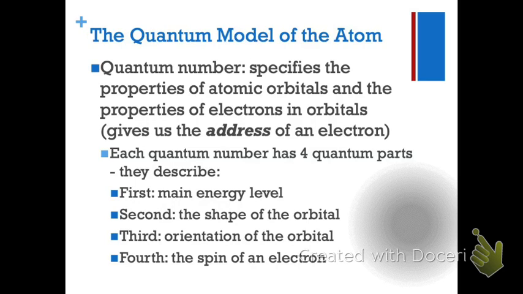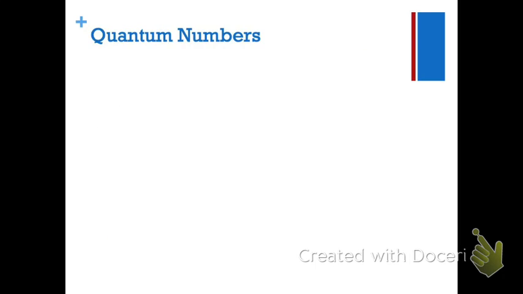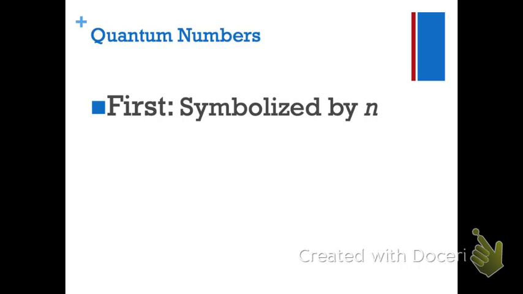So I'm going to talk about each of these 4 parts more in depth, so don't feel like you have to get them written down right now. We're going to talk about each of them a little bit more. All right, so the first part is symbolized by an n. I'm going to write this up on the board so that we can see it. Quantum numbers are n, l, m, and then m s. That's what they're abbreviated by.